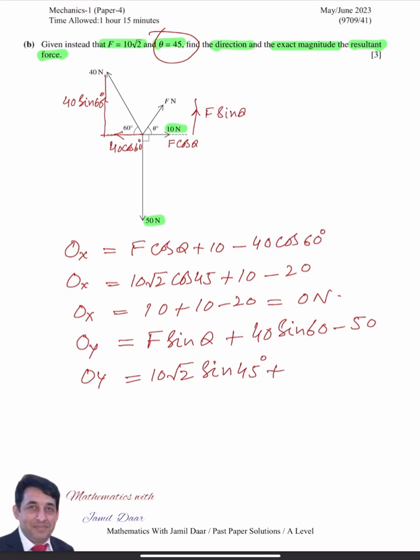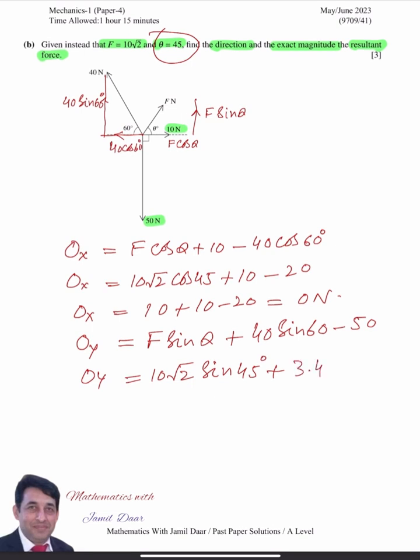40 sine of 60 is 40 multiplied by sine 60. Now this is not the exact value, not in the square root form. Let me find out using the calculator. Okay, 3.46.